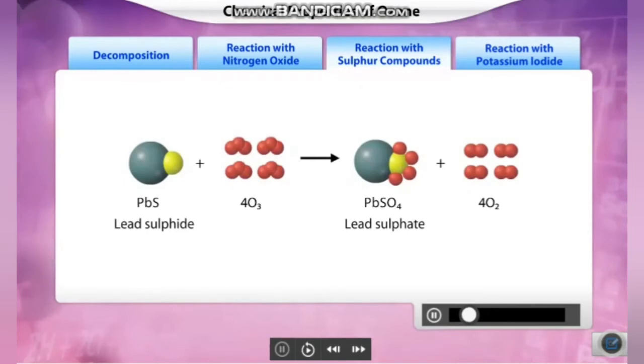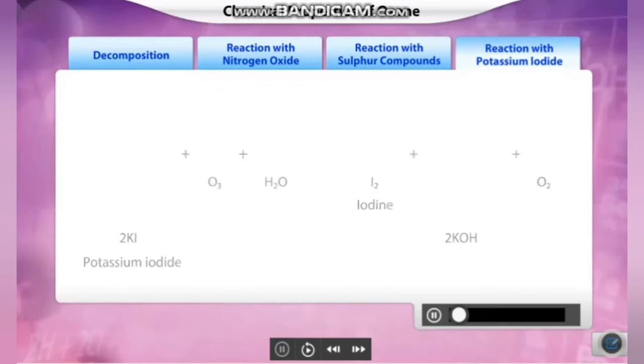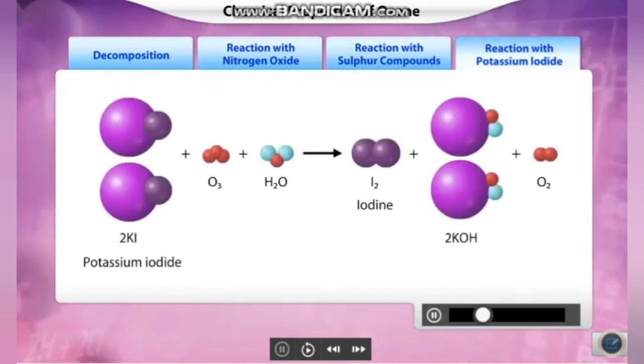Ozone oxidizes sulfides to sulfates, for example, lead sulfide to lead sulfate. Ozone oxidizes potassium iodide to iodine. This reaction is often used as a test for ozone.